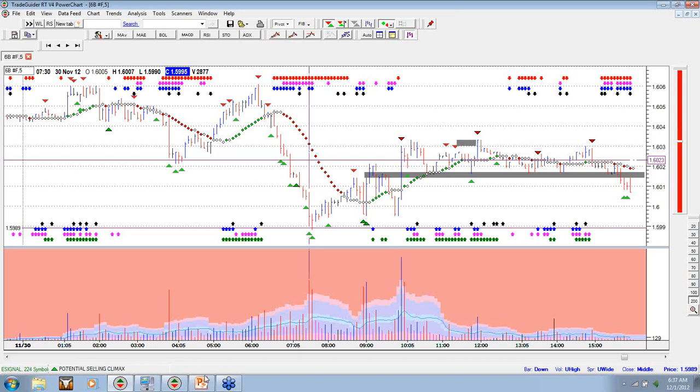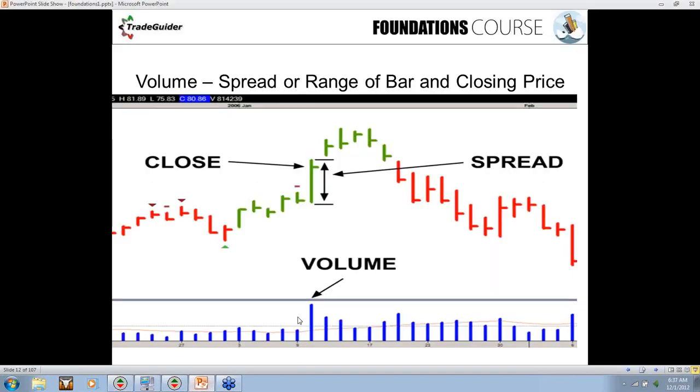So volume, spread analysis. Volume is activity. You might want to write that down. Volume is activity. The spread, or the range of the bar, which I'm showing you here, is what the price actually did on that volume. Now we can have 3 types of spreads.